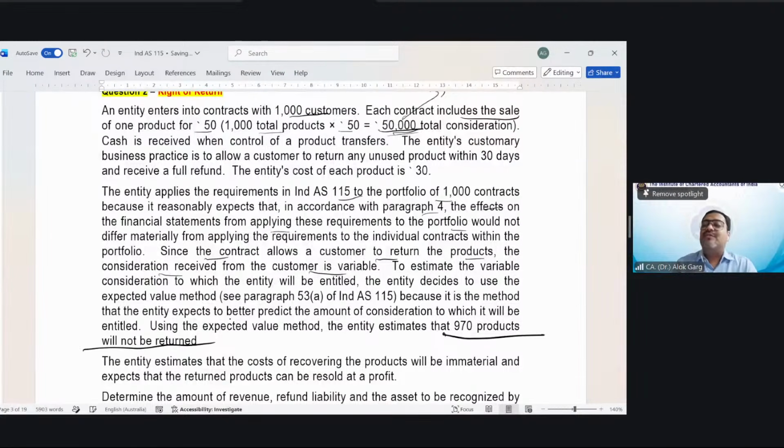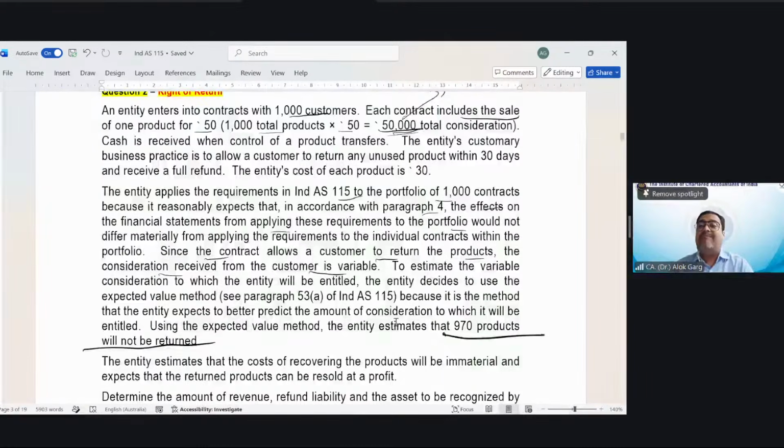So what does it say? It is a variable consideration, and variable consideration, if you remember, in the step of transaction price, was required to be measured using two methods. One was the expected value method, which is also known as the probability weighted method, my dear friends.